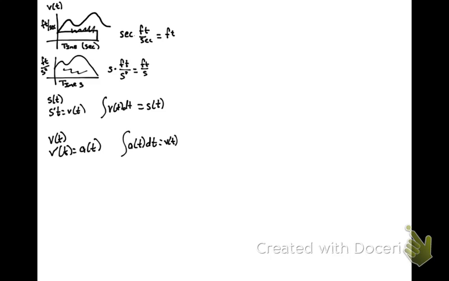So let's deal with a problem. f of x equals x squared, and we're only going to look from 0 to 2. Alright, so we know the graph's going to look something like this. At 2, the y value would be 4.